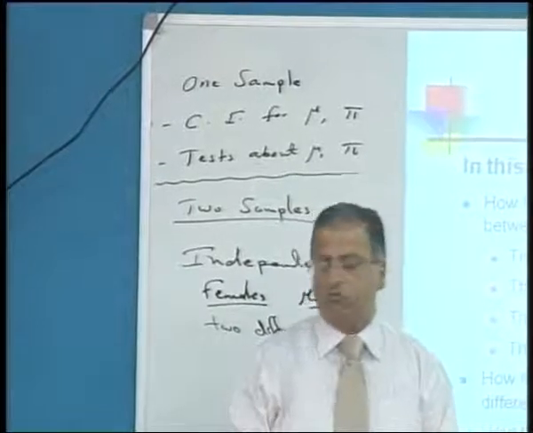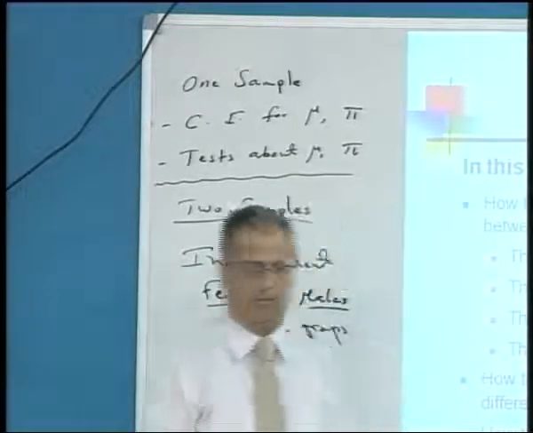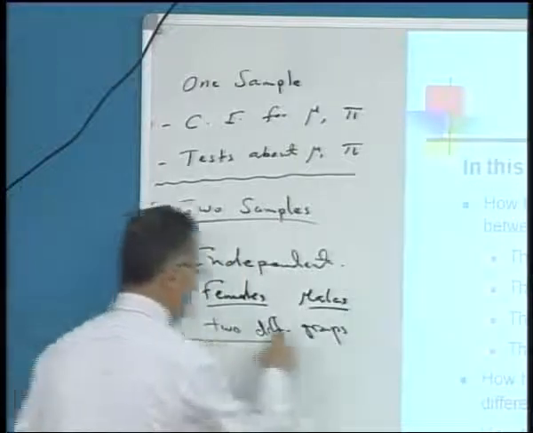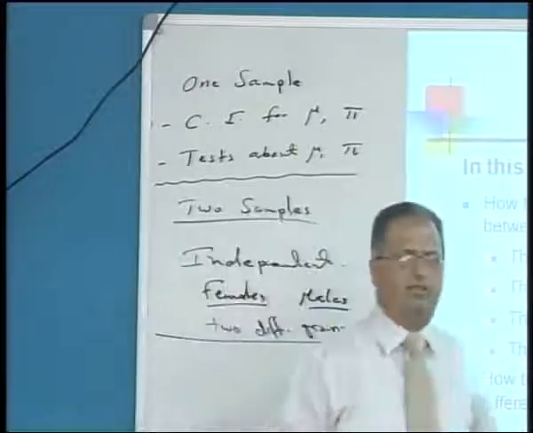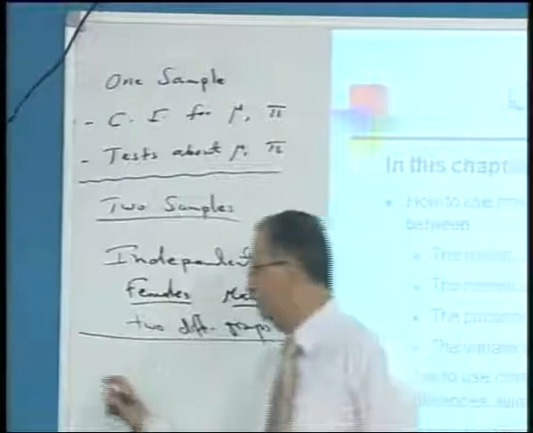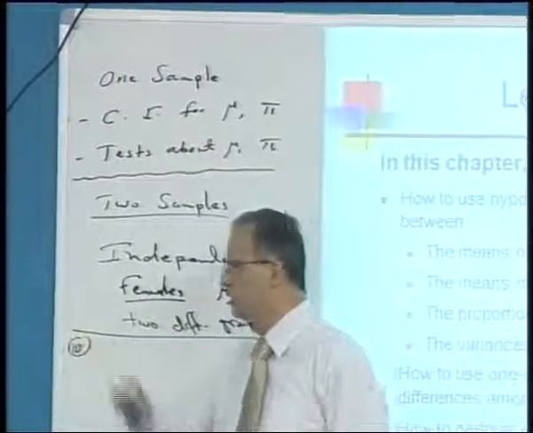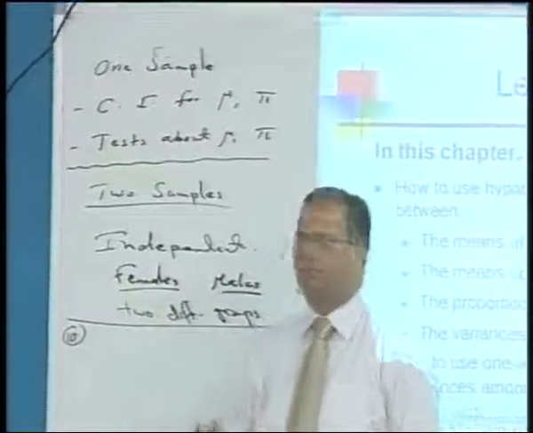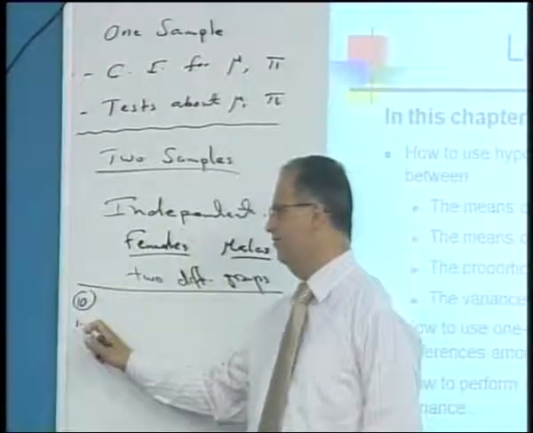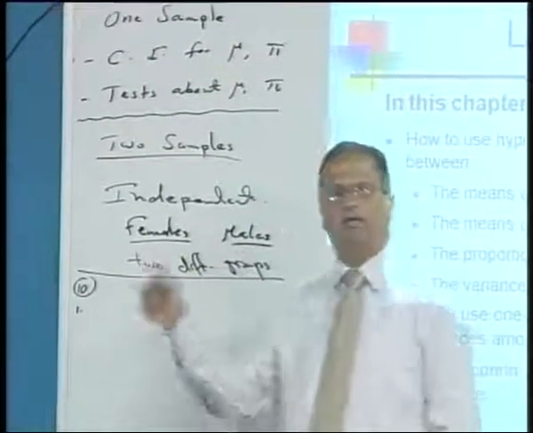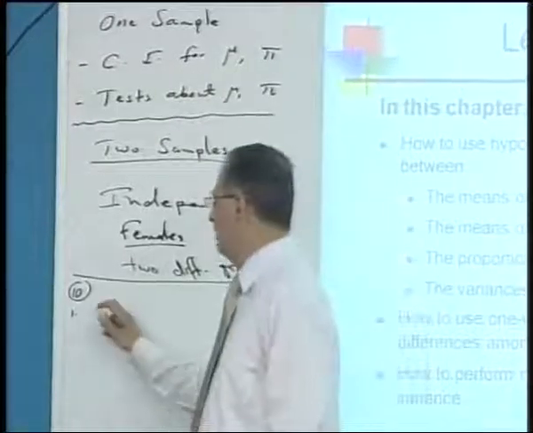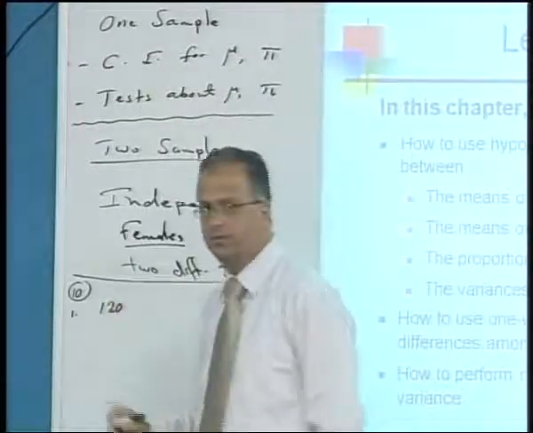Now, for two related populations, for example, suppose we have 10 persons. Person 1, suppose his or her weight is 120 kilograms.